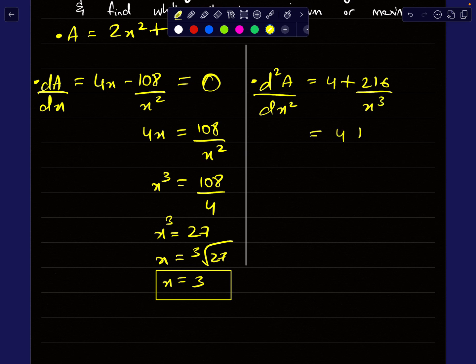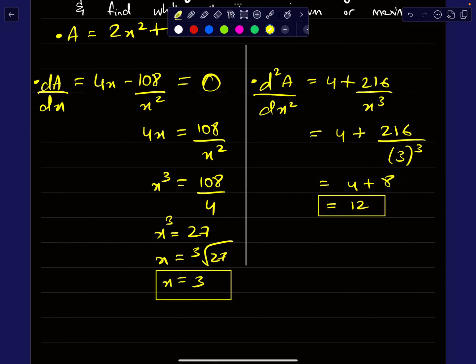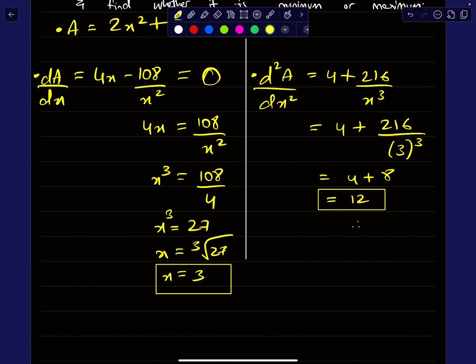Substituting the value of x, which we found to be 3, this would give us 4 plus 8, and the double derivative turns out to be 12. Since 12 is a positive number greater than 0, thus this value of surface area is minimum.